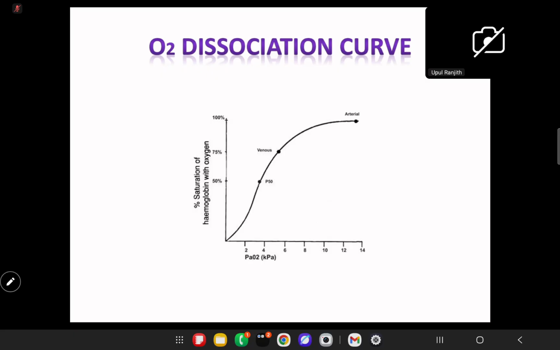If that value is 30, your curve is shifted to the right, because normally it is around 26.7. If it is, say, 24, the curve is shifted to the left. For fetal hemoglobin it is about 18, because it is grossly shifted to the left. That is the importance of learning about this P50.